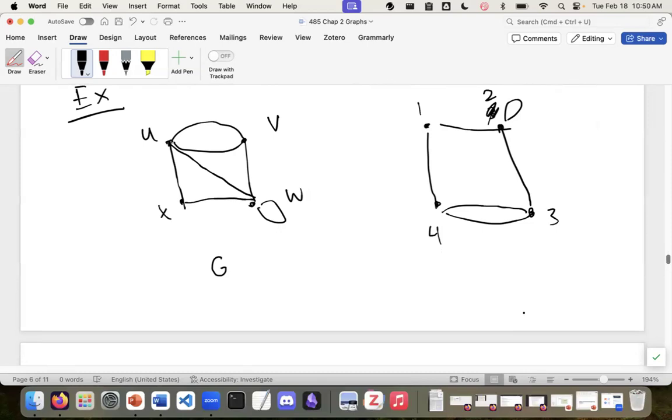Okay, so if this is H. Okay, so it's kind of easy to see where if we look at the loop, W and 2 should be the same vertex. So we can write W and 2. U and V, since they've got that loop, I think that's the one that I missed. U and V, the one with the multiple edges.